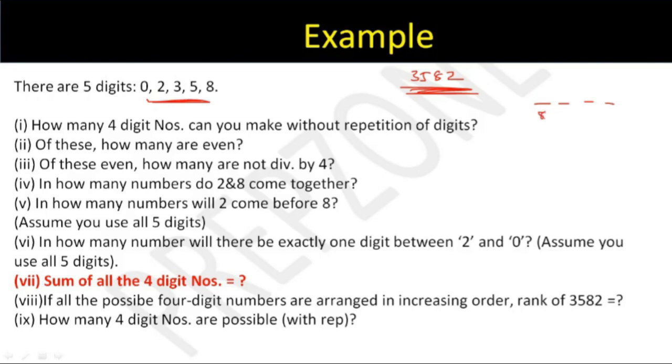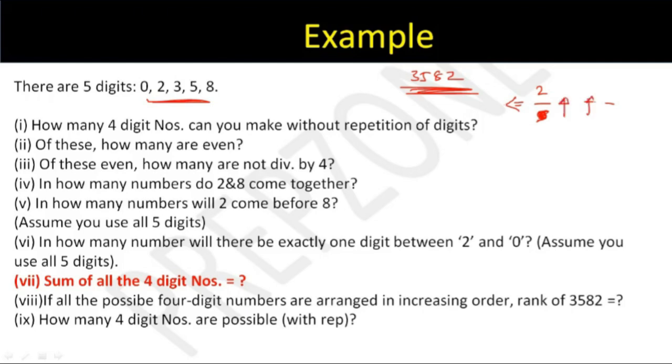No. Could it start with 5? No. Could it start with 0? No. Could it start with 2? Yes. So can I say any number which is starting with 2 will definitely be smaller than this? Yes. Now can you calculate the total number of numbers that are starting with 2?